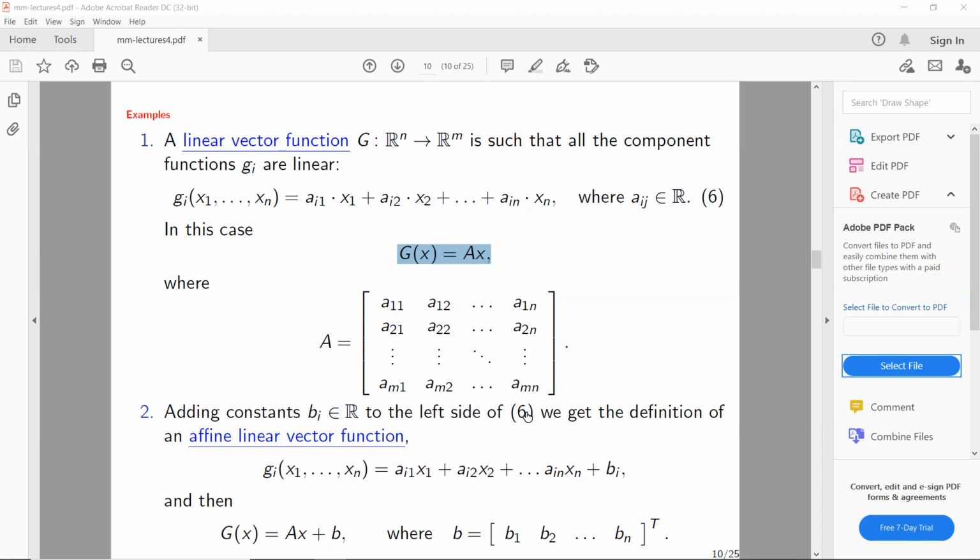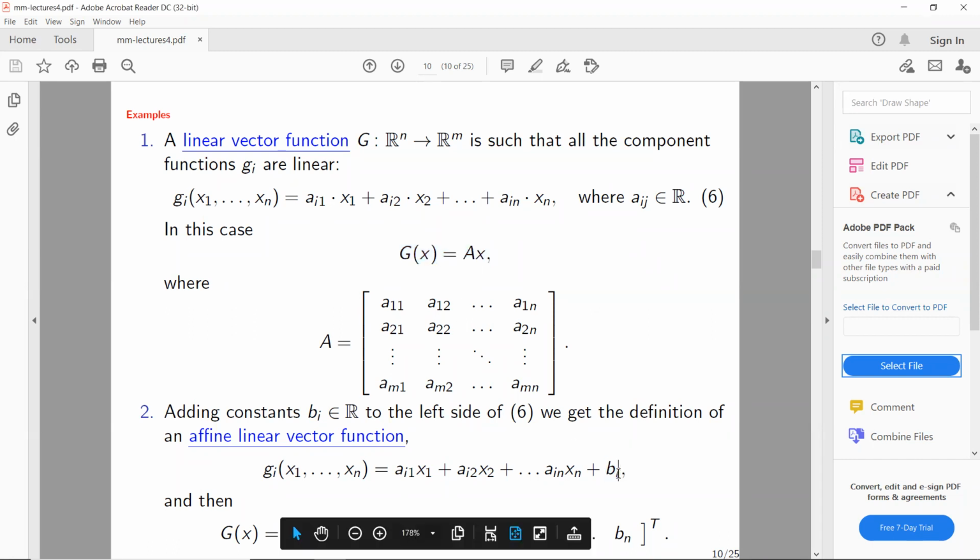Okay, and if we also allow a non-zero constant part, so if we allow here plus some vector b, then we are talking about affine linear functions.